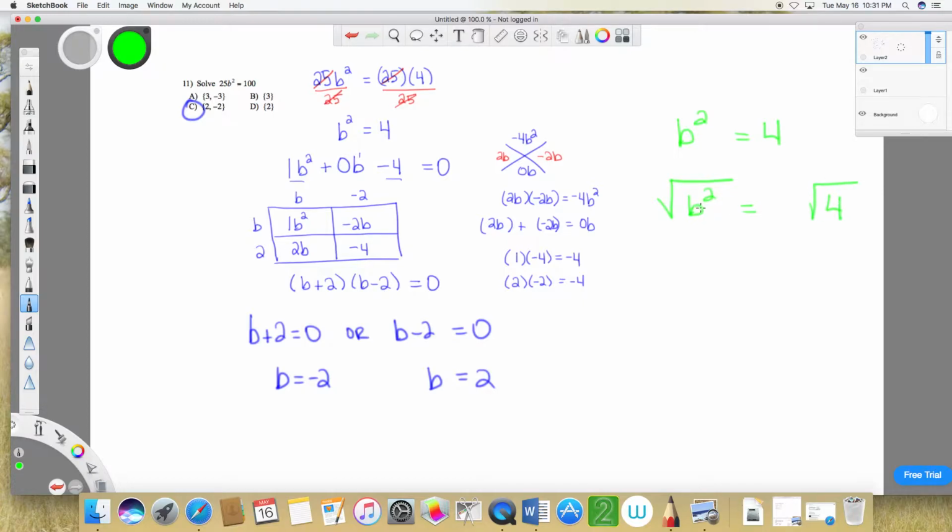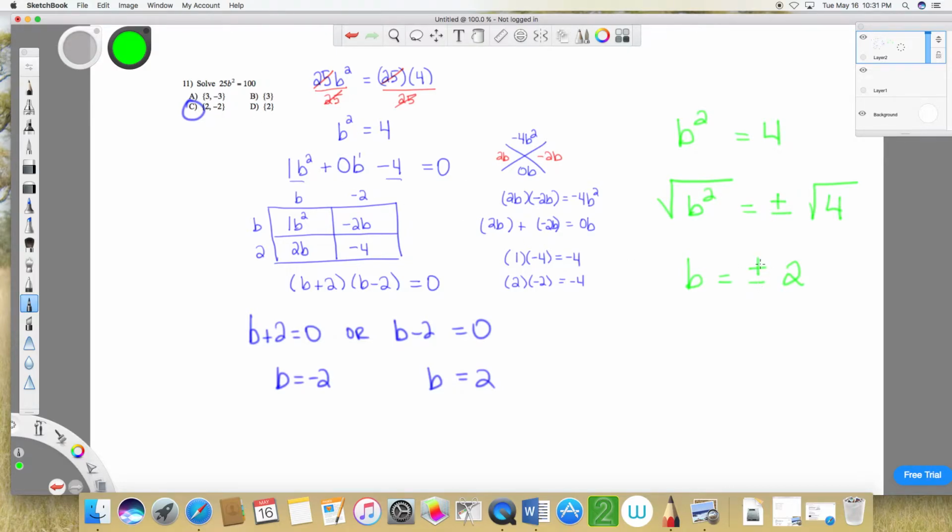But when you take the square root of a variable, you have to introduce a plus or minus symbol. I have a lot of students in my college algebra, my pre-AP pre-calculus, and my Algebra 2 classes that forget to put that plus or minus 2 there. The square root of b squared is b, and the square root of 4 is 2. So with the plus or minus there, you can see that it's two solutions, 2 or negative 2.